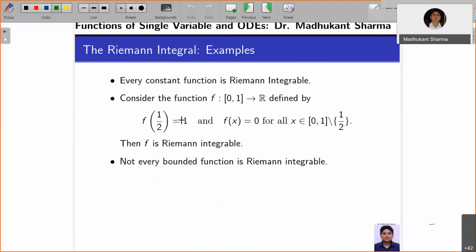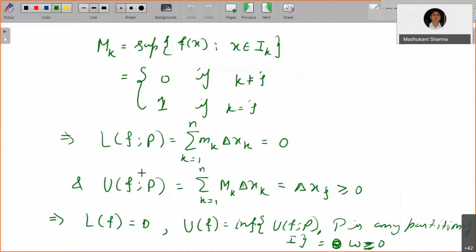Okay, now the next question. Why don't we take 1 as the supremum, and why do we have two conditions there? In the supremum, yes.